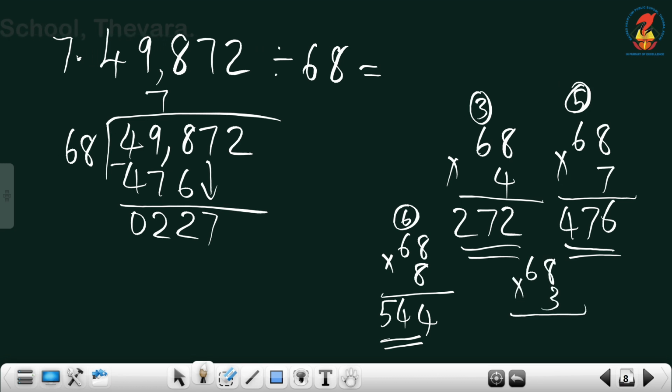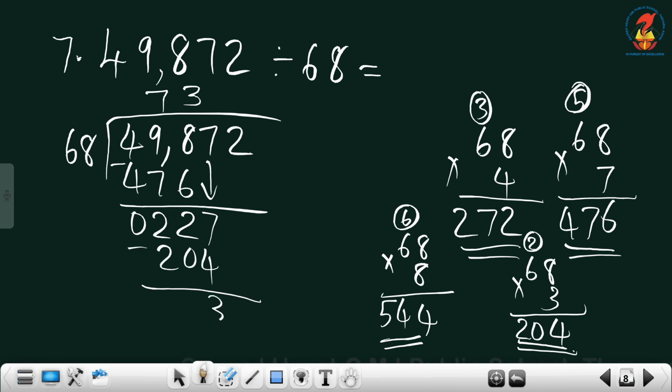We can check. 8 3s are 24, 2. 6 3s are 18 plus 2. 204. 68 into 3 equals 204. 68 into 4 equals 272. Which number you need to take? 68 into 3. 204.